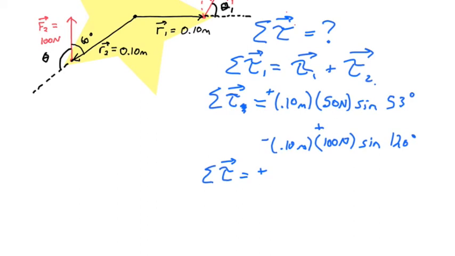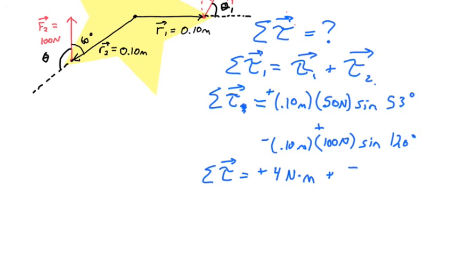That's 4/5. So 5 times 4/5 gives us positive 4, and the units on that are newton meters. And then plus, we have a negative sign there. 0.1 times 100 is 10. Units are newton meters, and then times sine of 120 degrees, which is the same as sine of 60 degrees.